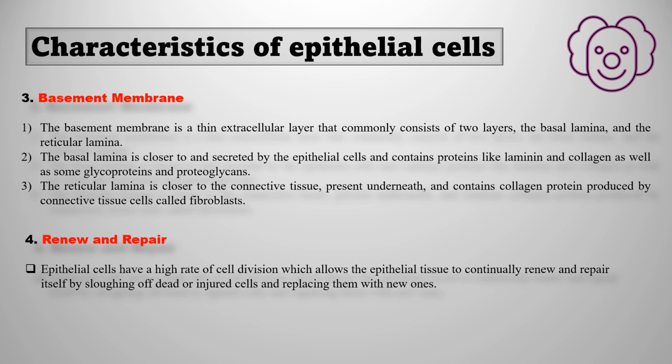One of the most important characteristics of the epithelial cells is renewal and repair. Epithelial cells have a high rate of cell division, which allows the epithelial tissue to continually renew and repair itself by sloughing off dead or injured cells and replacing them with new ones.